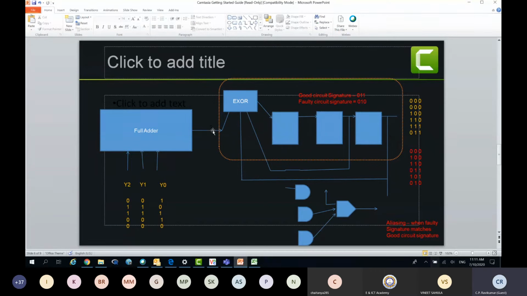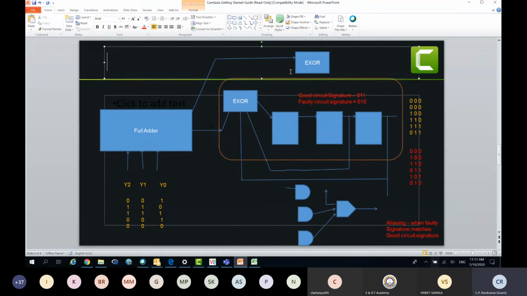Let us say this is the sum output and I have another carry output. And I have a XOR gate here. My diagram is not so good. You can write it much better.